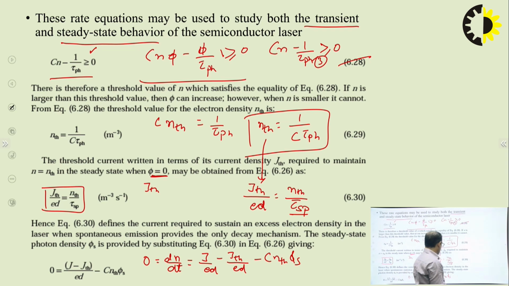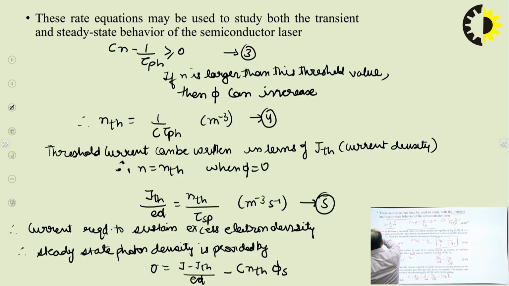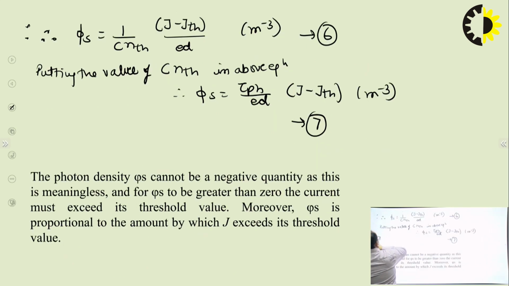Clear? Now on solving this equation you will see that phi s is equal to 1 upon C into nth, J minus JTH upon ED.